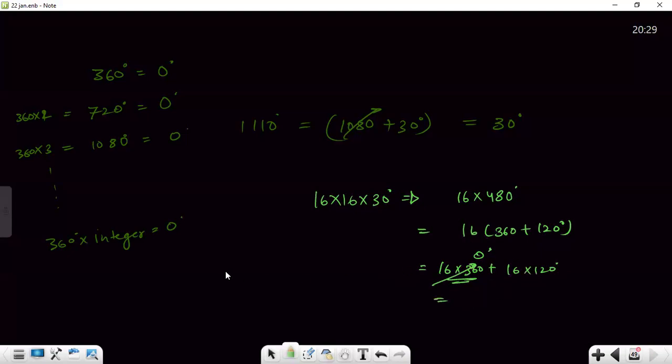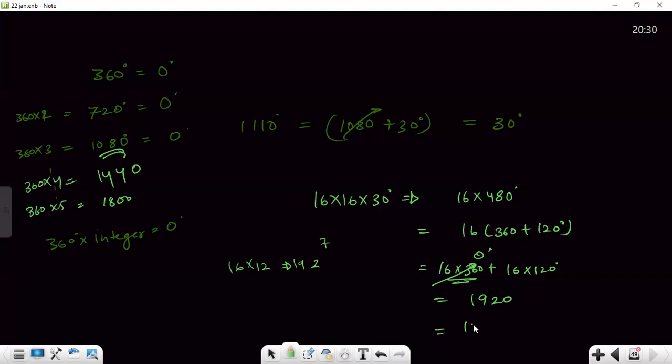16 into 120 is what? 16 into 120: 12 6s are 72, 12 1s is 12, 12 plus 7 is 19. So another 0 is there: 1920. We know 1080 degrees is 0, or let's say 360 into 4 becomes 1440, and 360 into 5 becomes 1800.